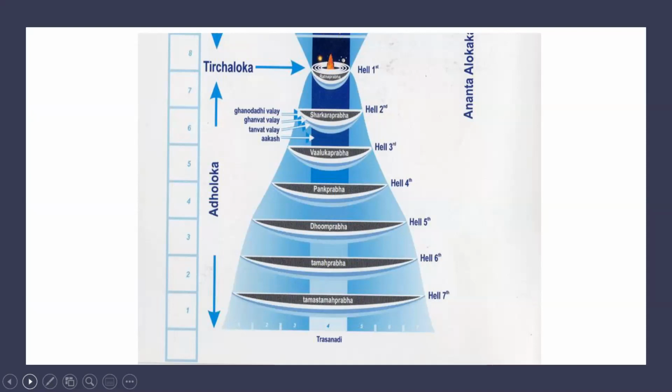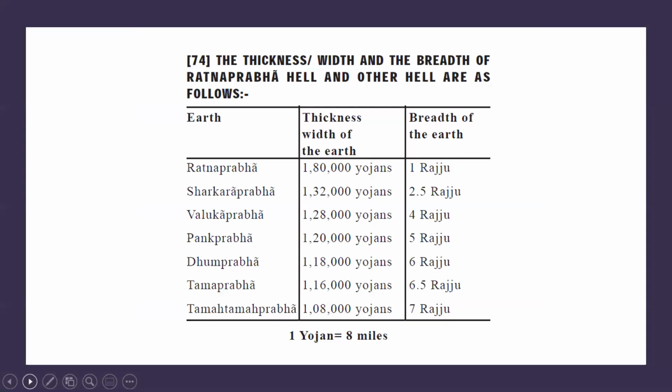So the thickness of these bhumis decreases as you go down, but the width or breadth of the Narkavas increases. In the next slide, we'll see the thickness and breadth of each of the Narkavas. First, Ratna Prabha, as we saw, is 180,000 yojans in thickness, but the width is 1 rajju.